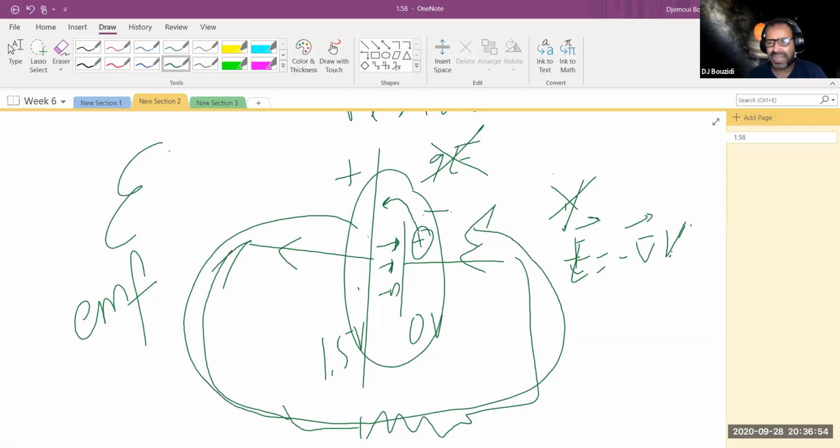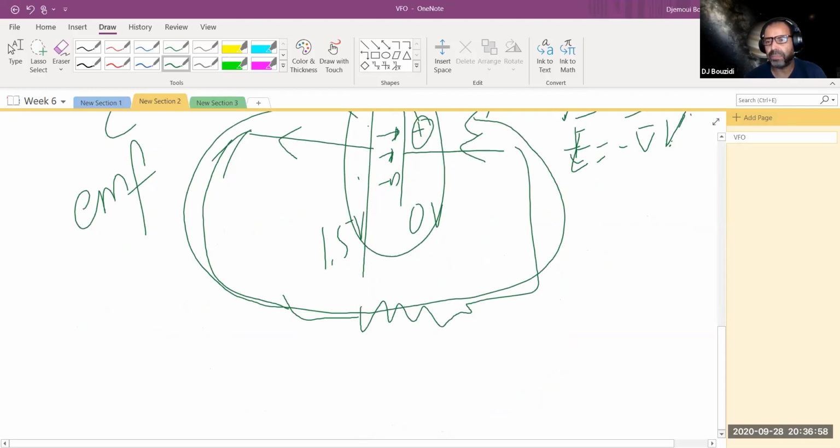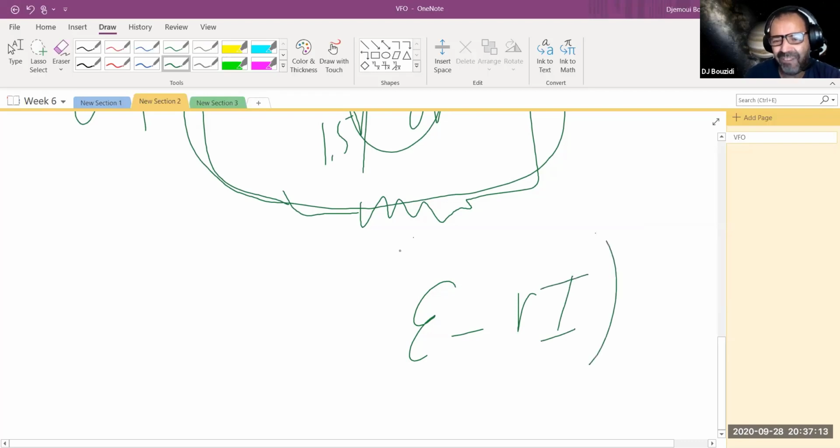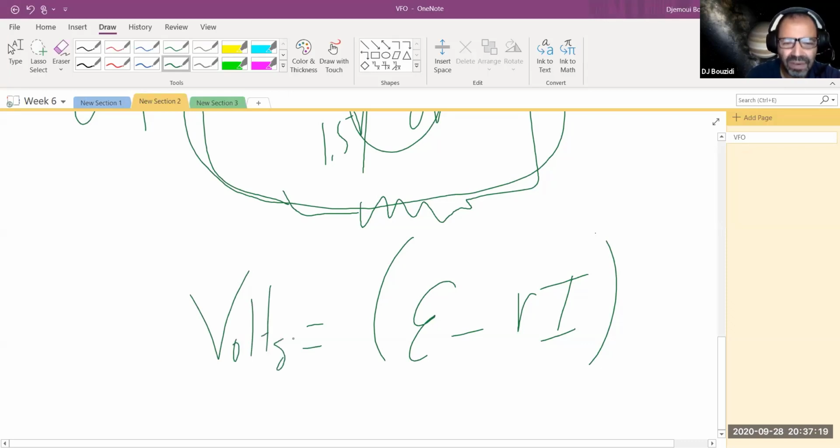Operationally, though, a battery has an internal resistance, so its voltage is slightly less than what it should be. Inside a real battery, the actual voltage across its ends is not the EMF itself, but the EMF minus R times I. This is the voltage of a battery in practice.